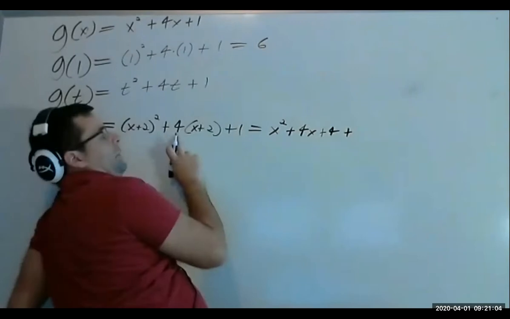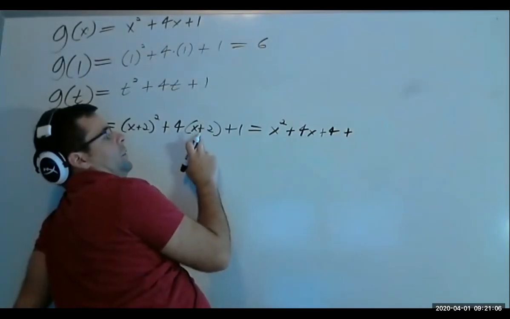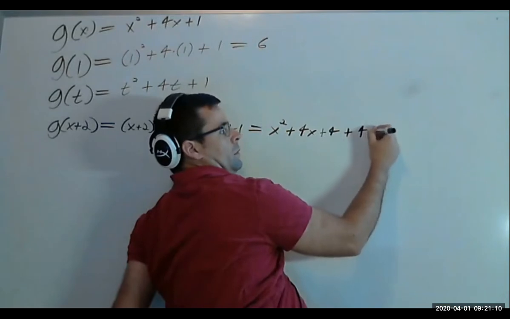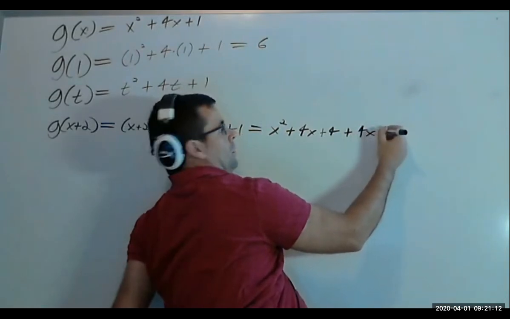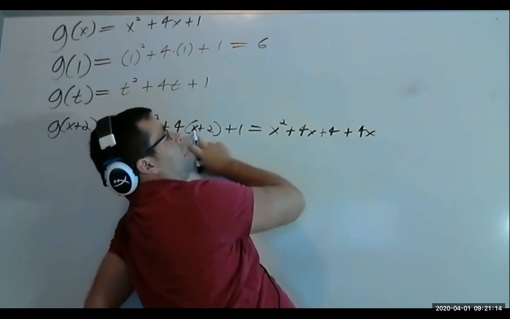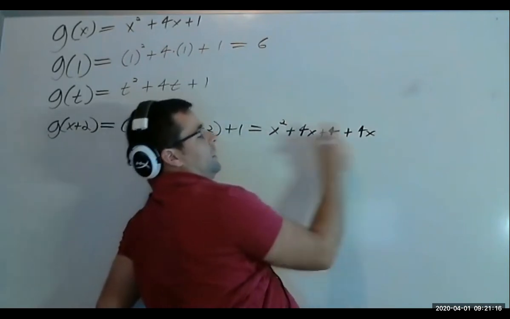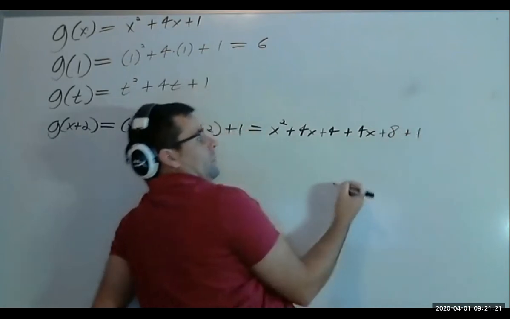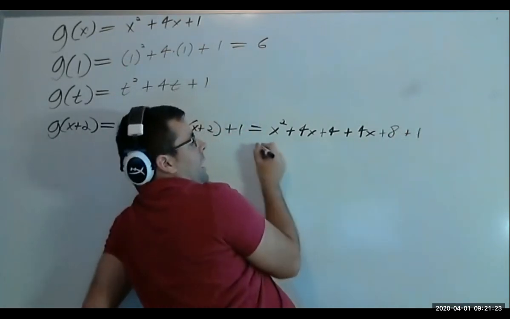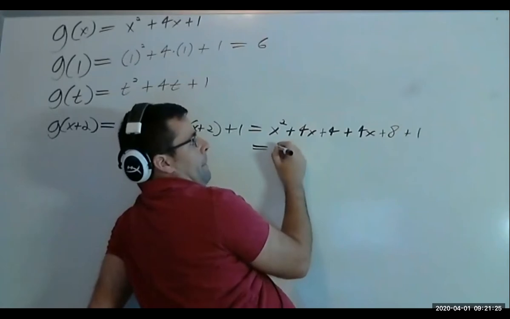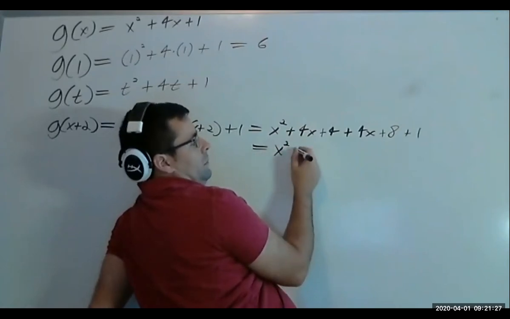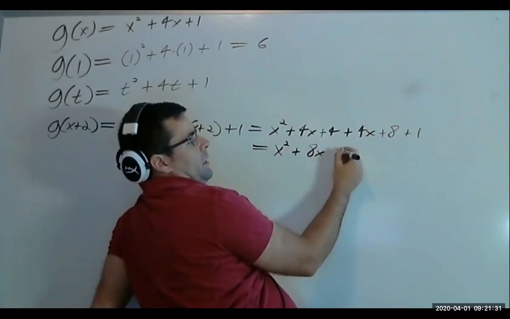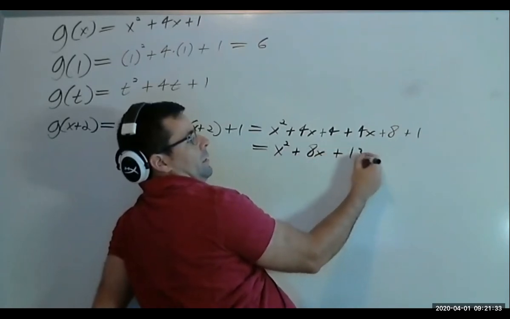And then we have 4x plus 8, I'm sorry, 4 times x plus 2 is 4x plus 8, plus 1. Combine everything together and you get x squared plus 8x plus 13.